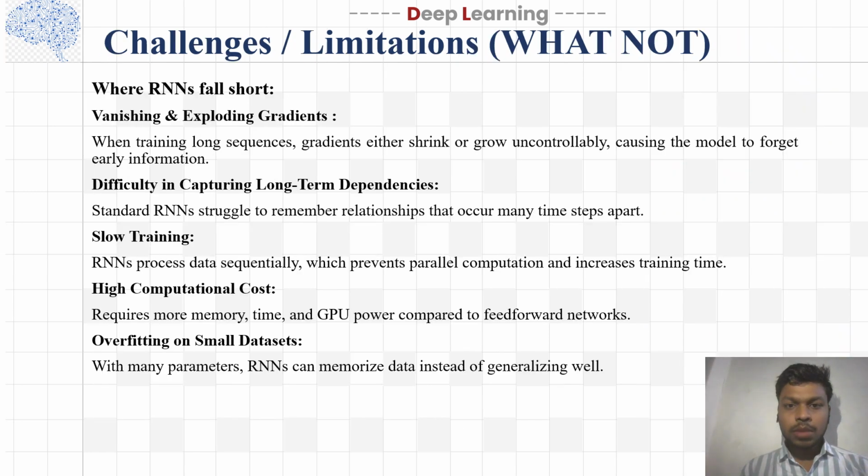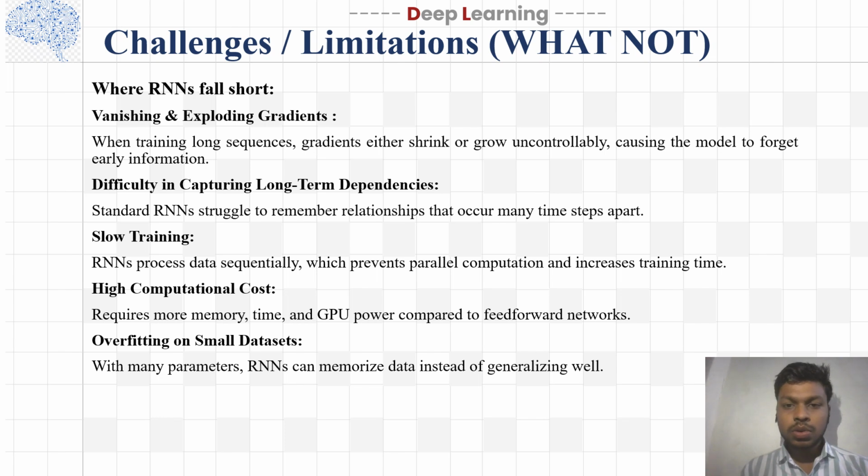Now let's talk about some limits of RNN. When we train on long data sequences, the signal that helps the model learn can become too small or too big. This is called the vanishing or exploding gradient issue. Because of this, the model often forgets early details in the data. Also, RNNs find it hard to link events that happen far apart, making them weak for long patterns.